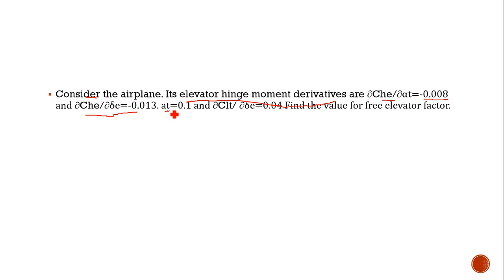AT, this is A suffix T, equal to 0.1. Then dou CLT divided by dou del E equal to 0.04. Find the value for the free elevator factor F.